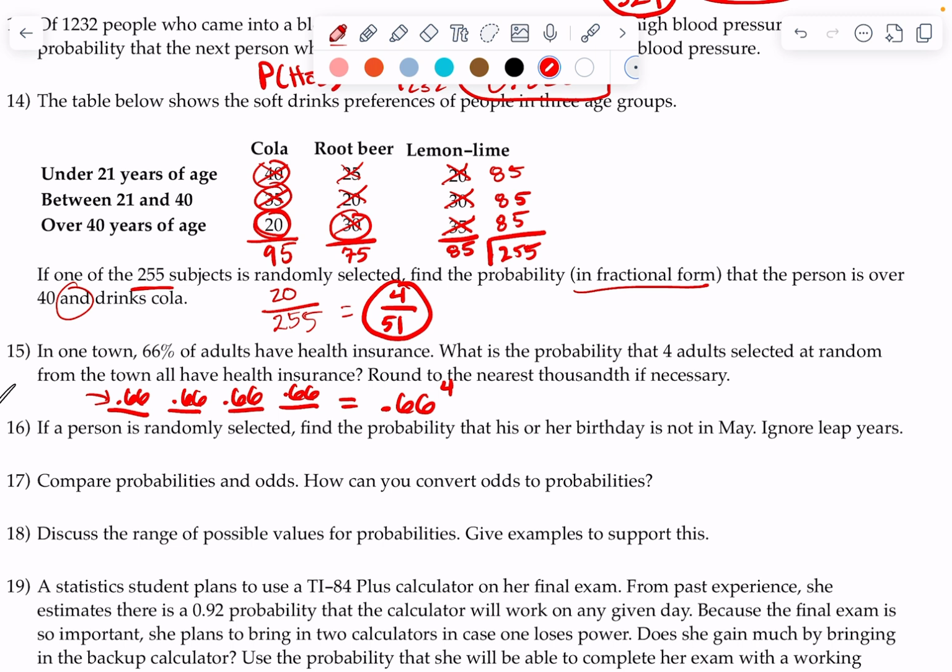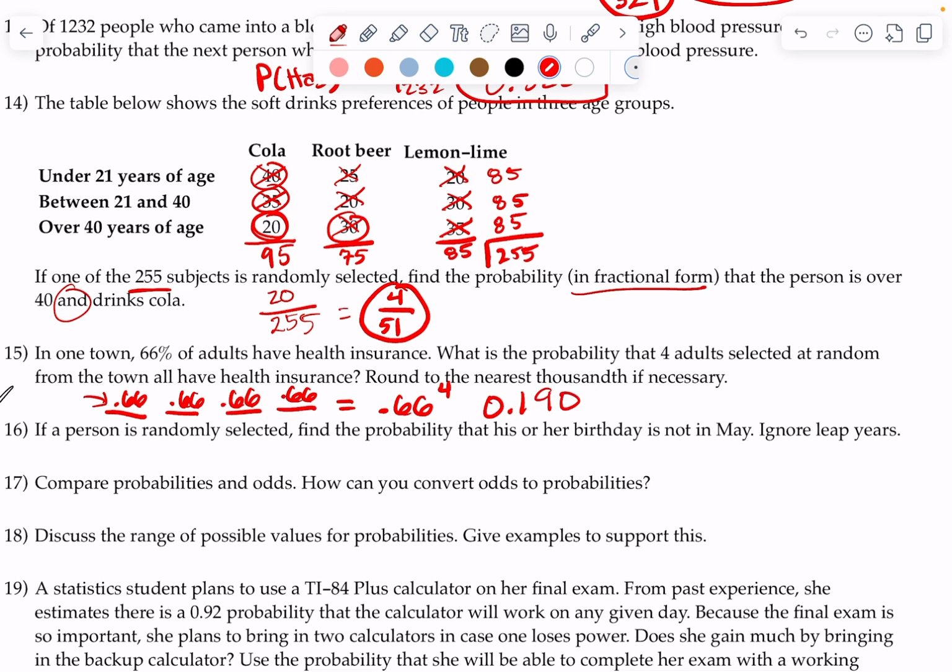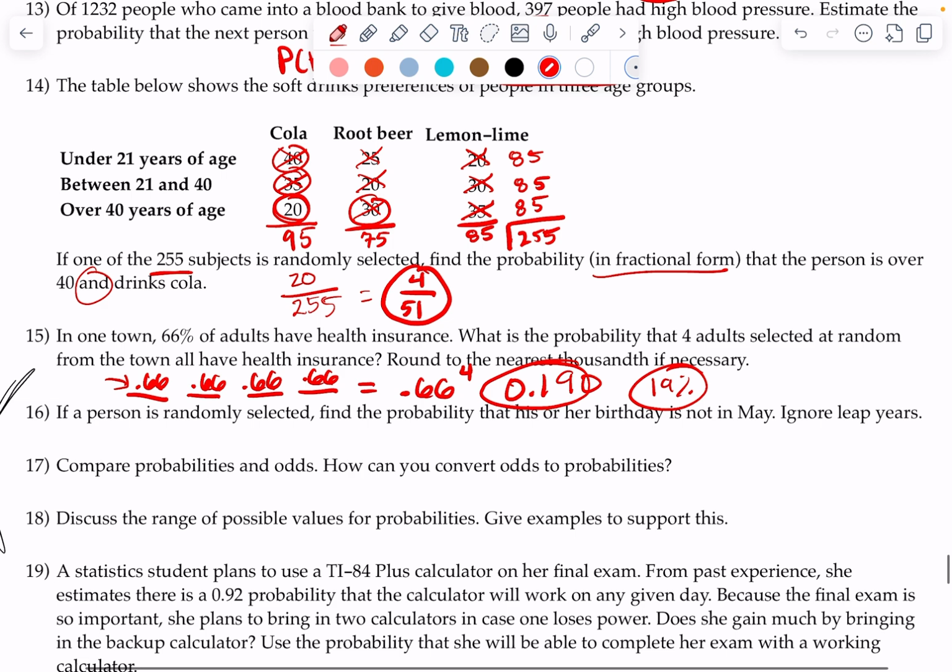If there's only a 66% chance of any one person having health insurance, the probability that all 4 of them do is probably going to be a little bit lower. And it is 0.189, or 0.19 is what it would round to. So 19%. Okay, which is a little bit lower. It's not rare, because it's not less than 5%, but 0.19, whatever.